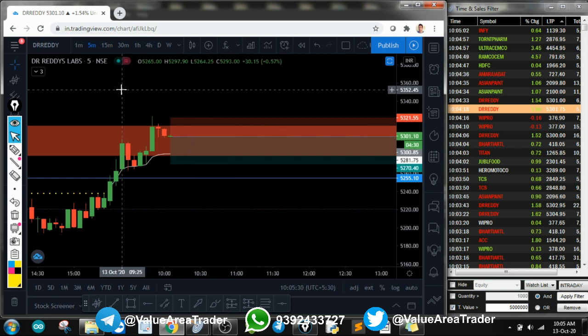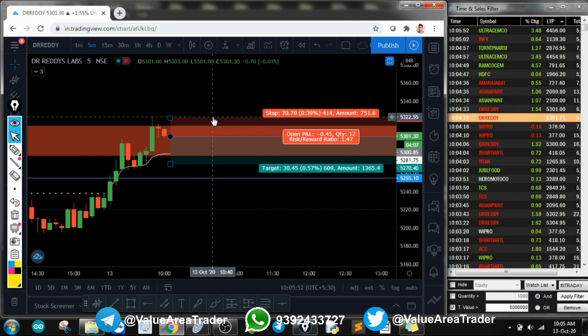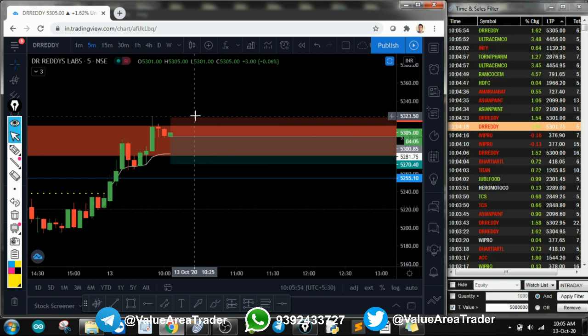So this is kind of a scalping. Dr. Reddy. We are taking a sell on Dr. Reddy. My stop loss is at how much? 5322. It's 5322.